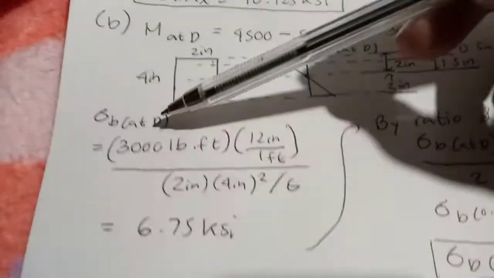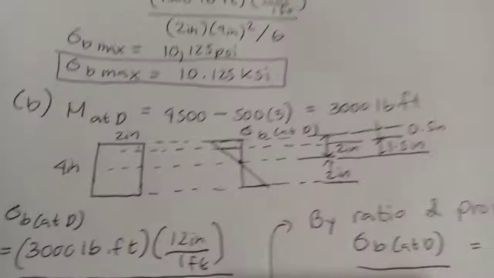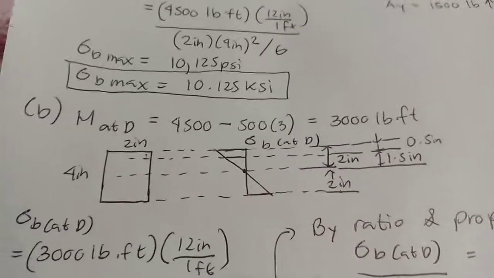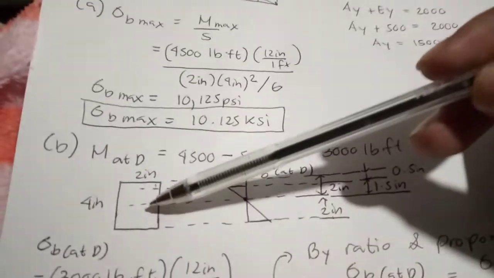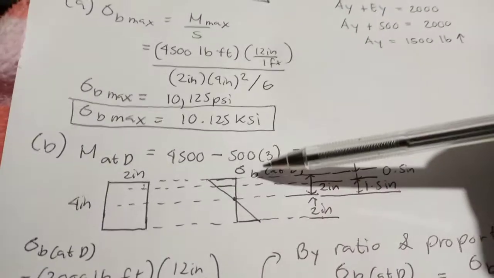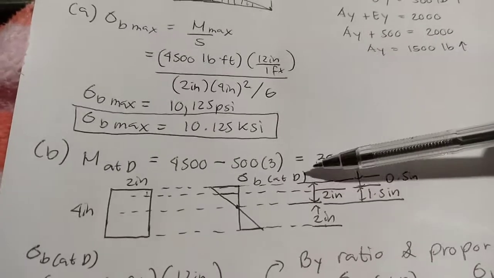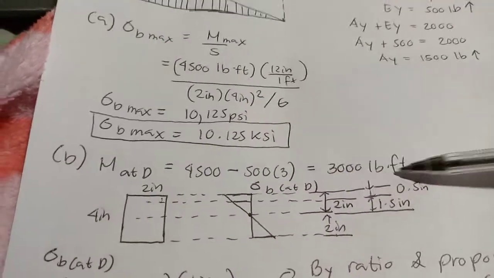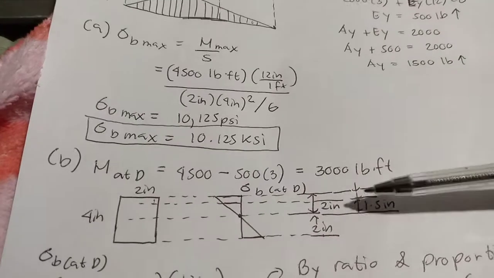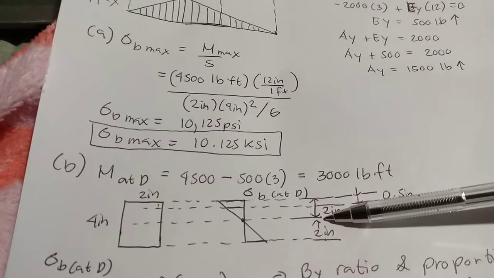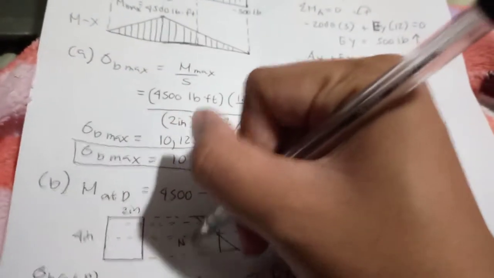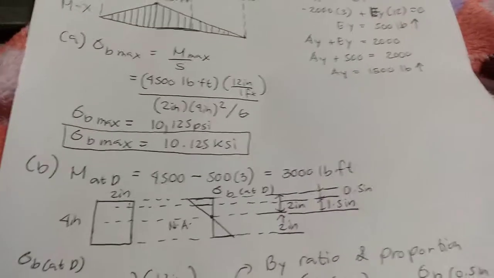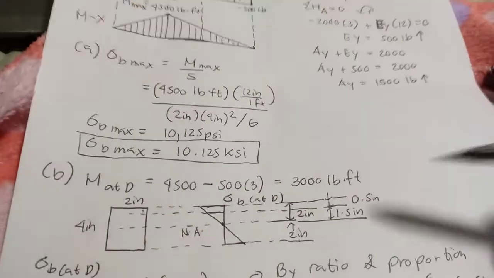From that, considering the stress diagram of this cross-sectional area, this is your bending moment at the top of D. From here, it is located 2 inches outside of the neutral axis. This is the neutral axis, here on this line. So 2 inch.